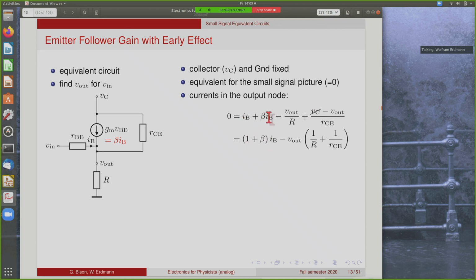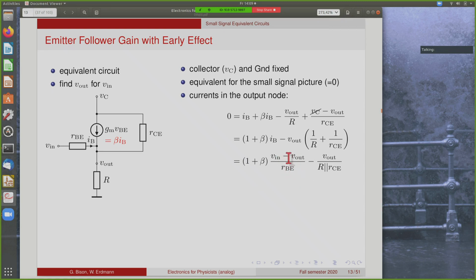So here we pull out IB, so it's 1 plus beta times IB minus V out, and then here we have this expression 1 over R plus 1 over RCE. So the last term is conveniently written as 1 over R parallel RCE, and we replace the base current by the difference of input minus output potential divided by the base emitter resistance.